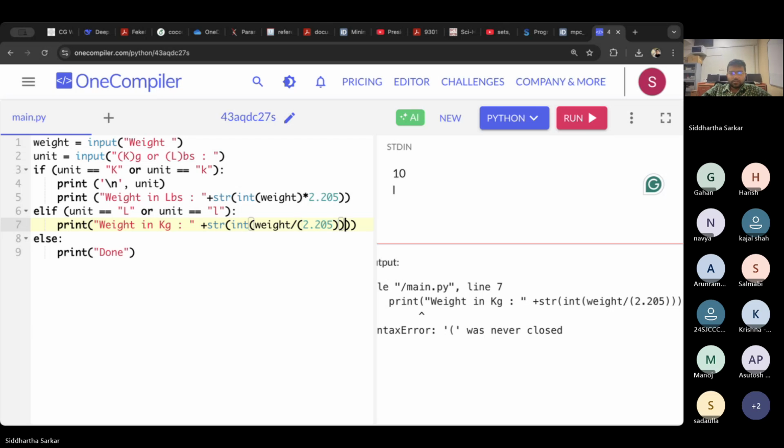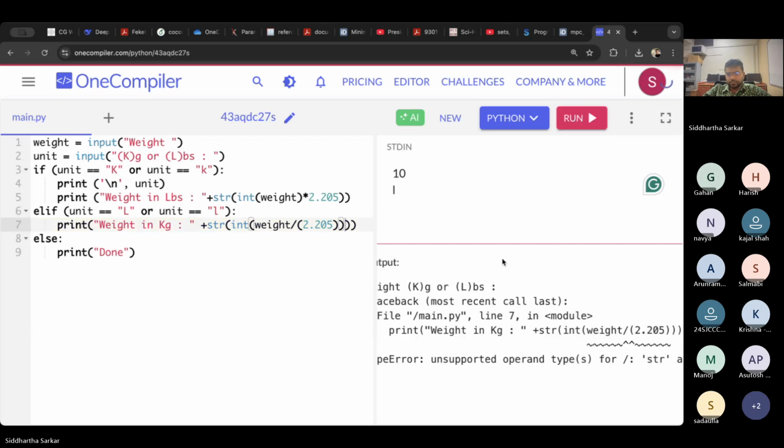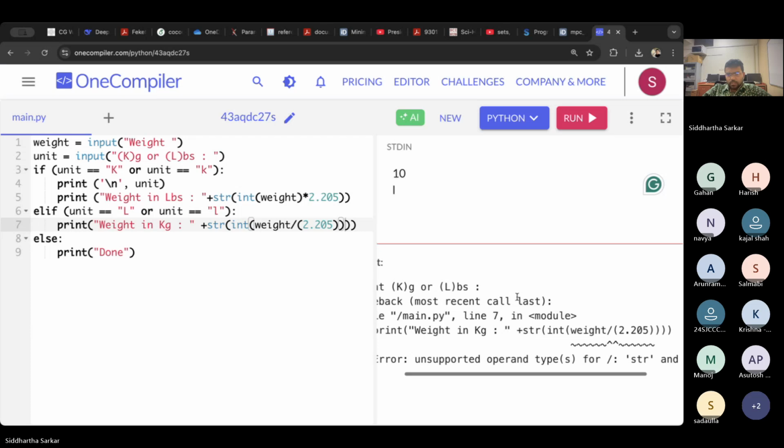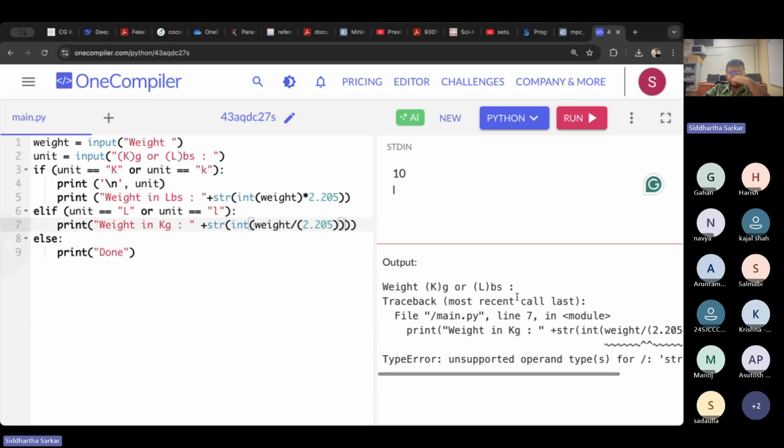Unsupported operand type. So it has come to this block. That is true that it has come to this block. Earlier it was not going there. Now it has come to this. Go ahead.